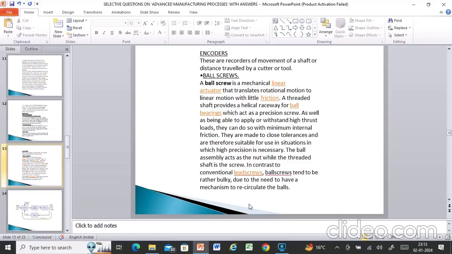In contrast to conventional lead screws, ball screws tend to be rather bulky due to the need to have a mechanism of the recirculating balls. The balls recirculated within the nut itself. Now, you will know that in the Google Classroom, I have provided a video from which you can understand the movement of the ball screws.